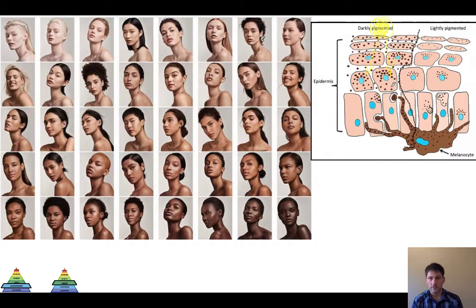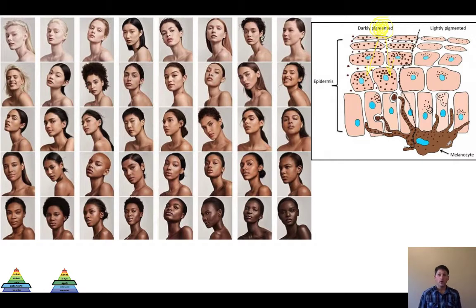The keratinocytes reorient these melanin fragments and put them on the light side, or the side of the cell that's being exposed to the UV rays, so that it protects the nucleus and the DNA inside. That's super cool.